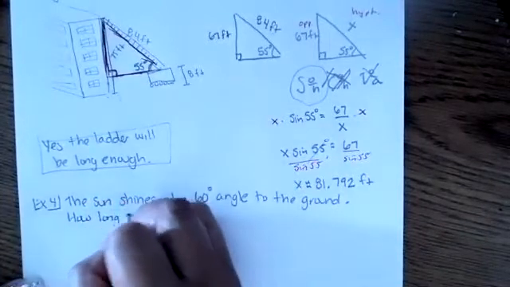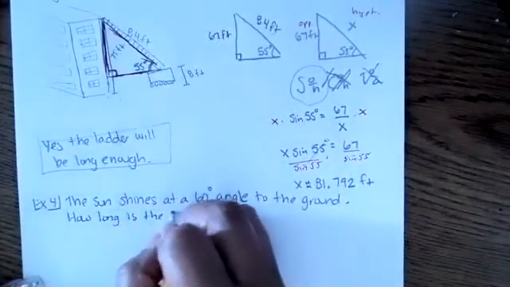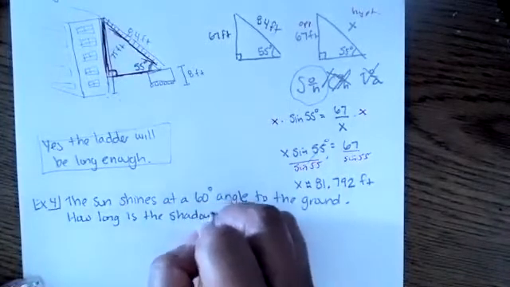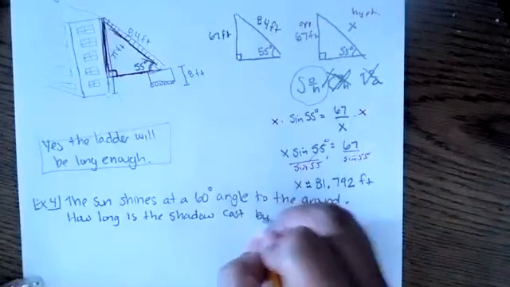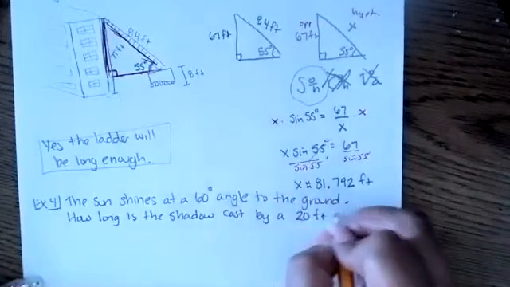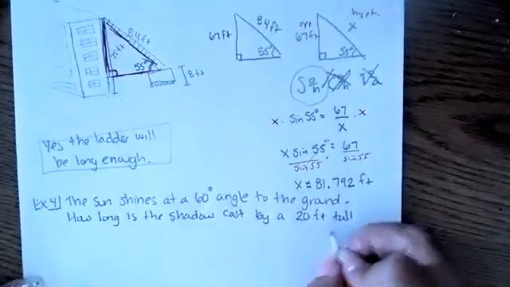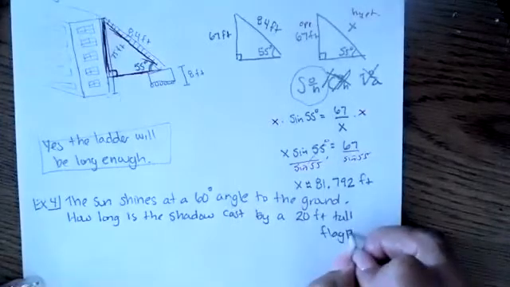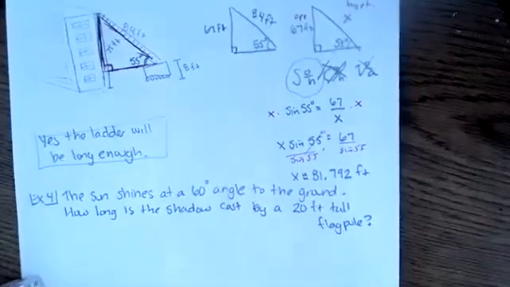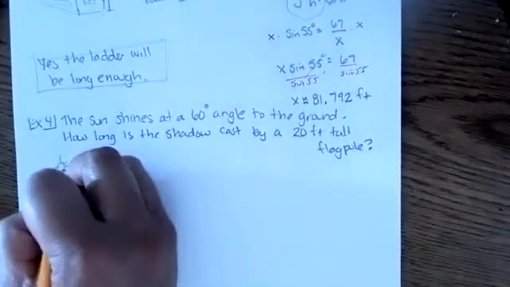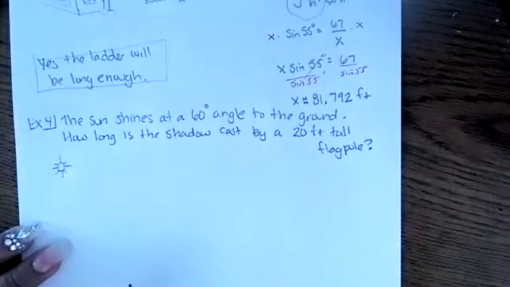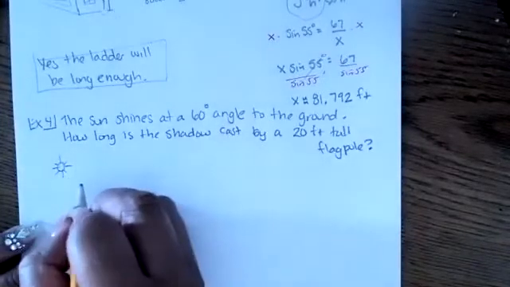How long is the shadow cast by a 20-foot tall flagpole? So here's our sun. And then we have a flagpole.